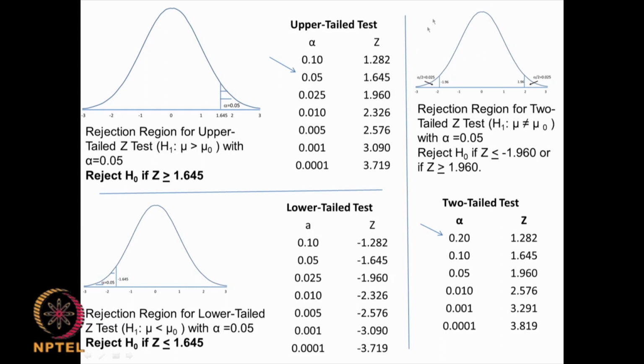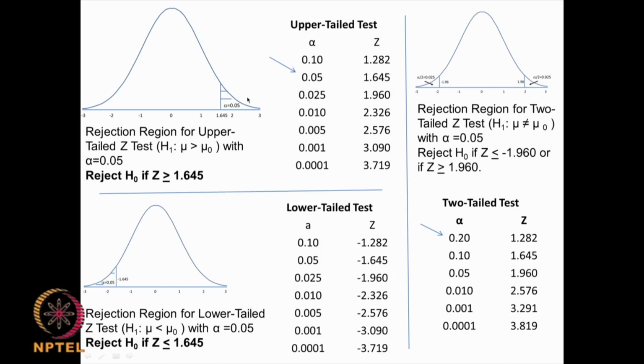Okay. So, you have three types of situations. One is called the two-tailed region, that means if it is 95%, the outside area is 5%. So, you divide equally on both sides, and you get 2.5% and 2.5%. For a two-tailed test, if you look at the table for 0.05, you get z as 1.96 or t as 1.96.